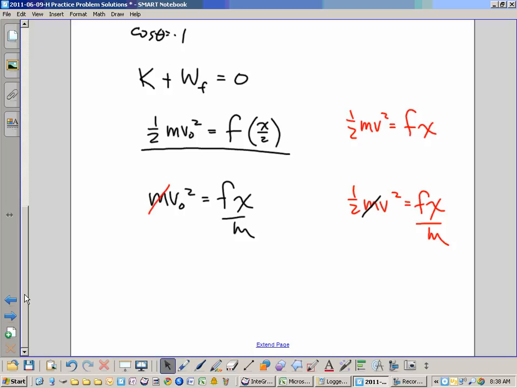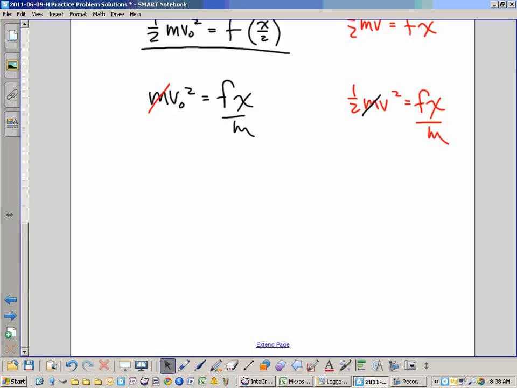So we got both of these equal to Fx over m. So we have v naught squared, and we have 1/2 v squared, both equal to Fx over m. So we're going to set those equal to each other. So v naught squared is equal to 1/2 v squared.